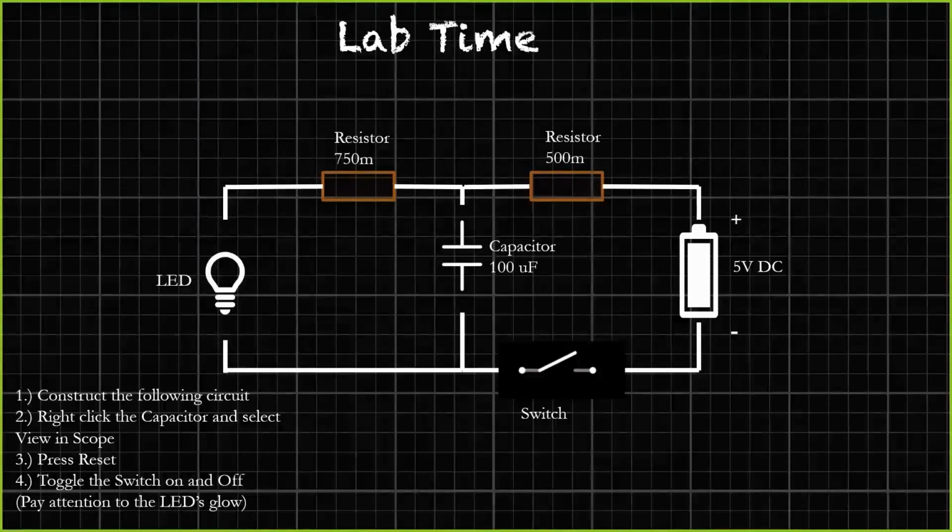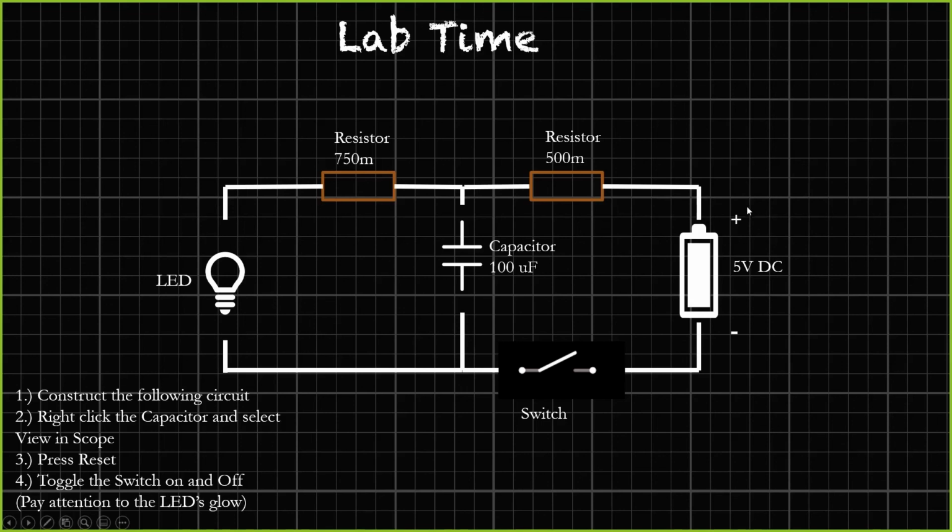It's lab time. Let's do this. Do you guys have your simulators ready? Yep. Excellent. Okay, so we're going to be messing with a few components here. We're going to be using a DC voltage source, even though we were just learning about AC.